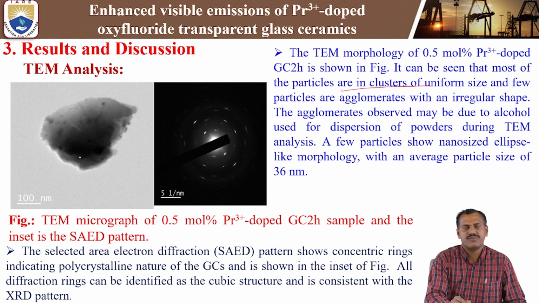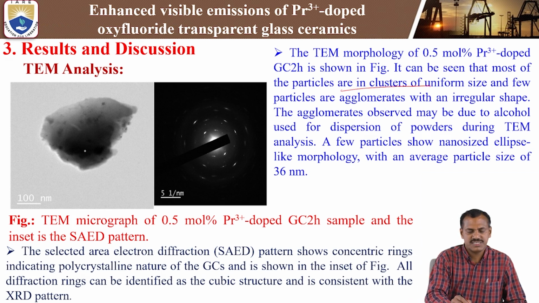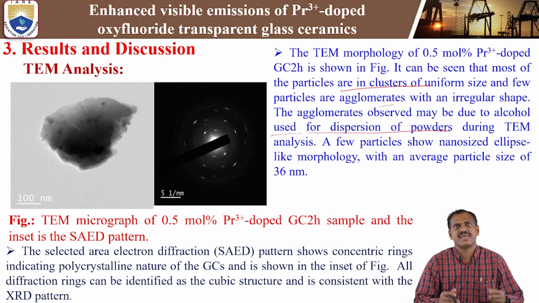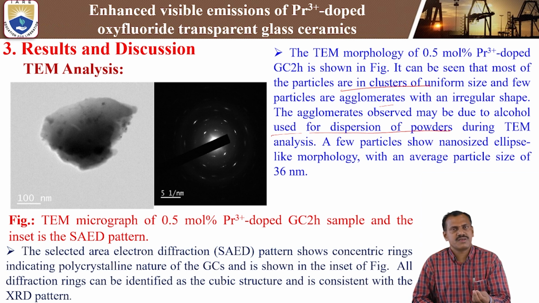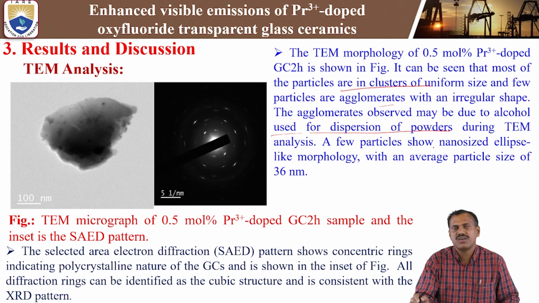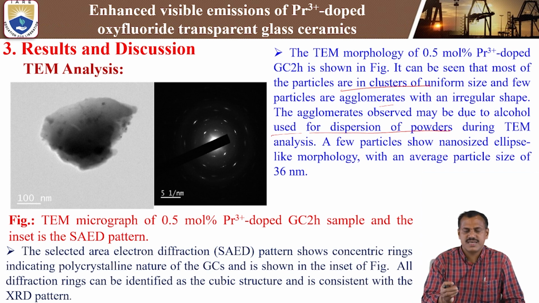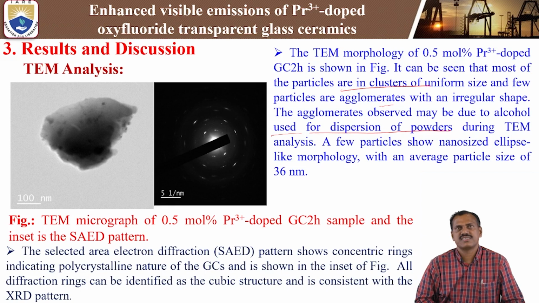Some are completely arranged to form clusters, with uniform size, and a few particles are agglomerated with irregular shape. The agglomeration observed may be due to the alcohol used to disperse the powder. Whenever we take the glass ceramic sample, we crush it into a fine powder. That powder should be dispersed during TEM analysis, for which we use alcohol. That is why agglomeration or clusters form due to the alcohol dispersion of the powder sample.